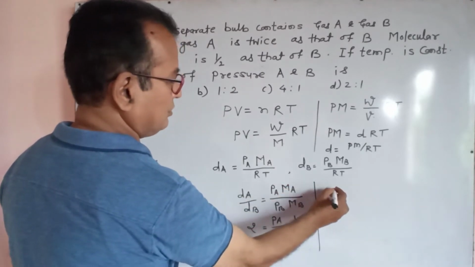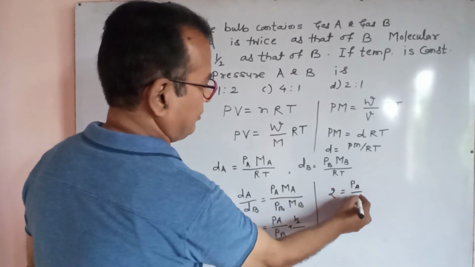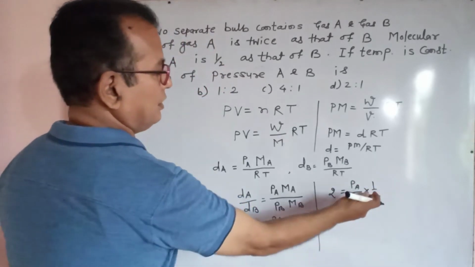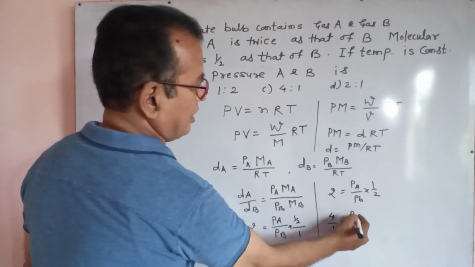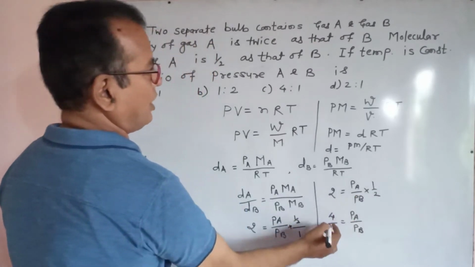Finally we write 2 is equal to PA upon PB into 1 by 2. 2 is transferred here, so 4 is to 1, PA is to PB. The ratio is 4 is to 1.